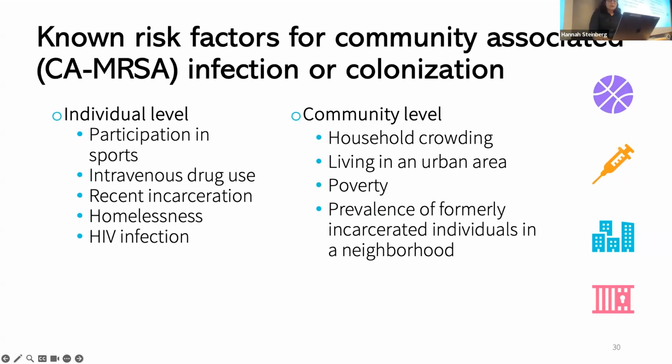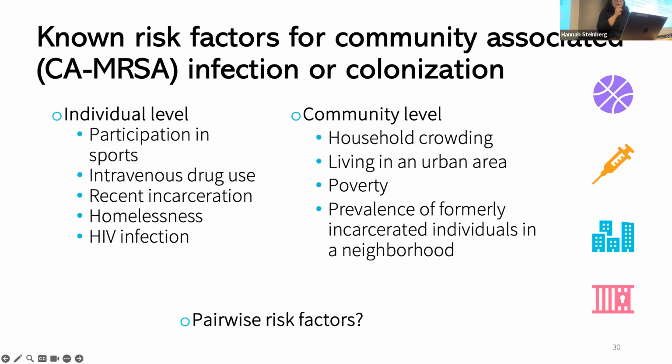There are many known risk factors for community-associated MRSA infections, including at the individual level, such as participation in sports, IV drug use, recent incarceration, homelessness, and HIV infection. We also know on the community level that household crowding, living in an urban area, poverty rates, and prevalence of formerly incarcerated individuals in a neighborhood are also associated with community-associated MRSA rates.